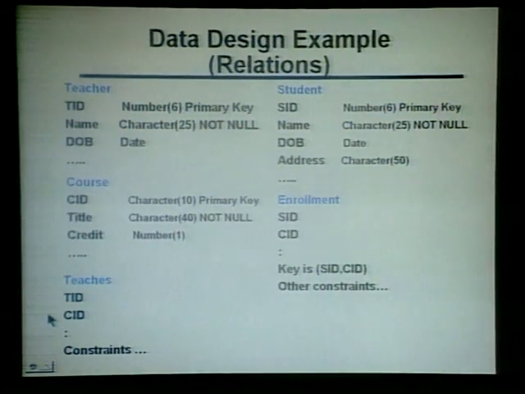Of course, this database design is not complete in many respects. For example, we have omitted the detail about many tables, and a lot of constraints have not been specified here. But while you are doing the data design, it is important that you must include all the details which are necessary for the implementation.